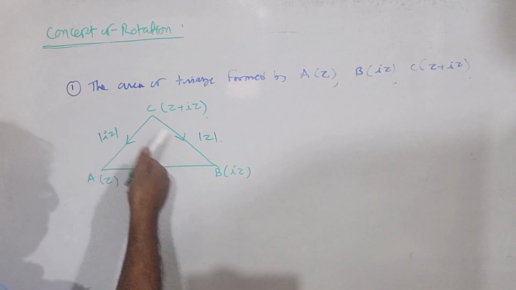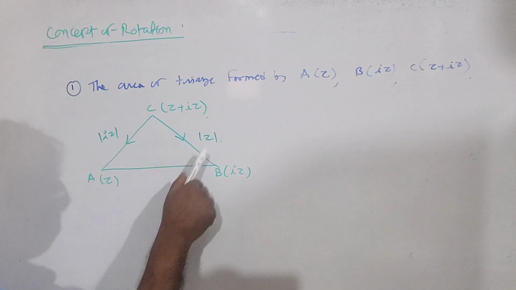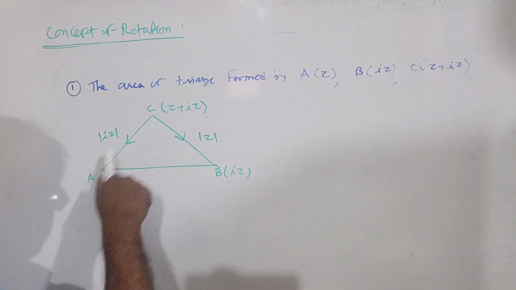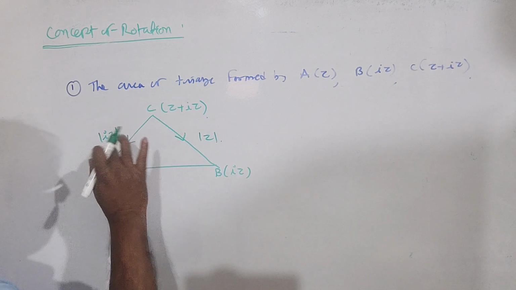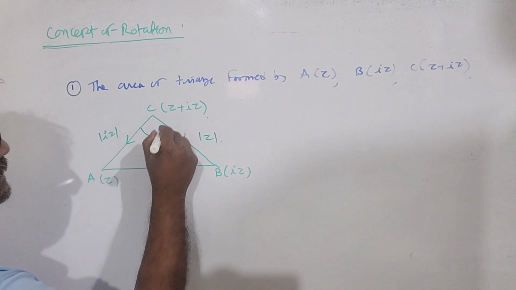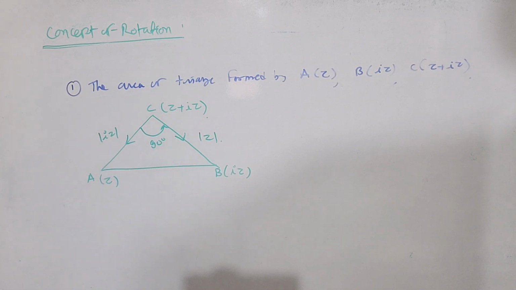See, this is the vector represented by z. The length is given by modulus of z. This is the vector represented by iota z. The length is also given by modulus of z. So we know that for the vectors z and iota z, the angle between them is 90 degree, correct?